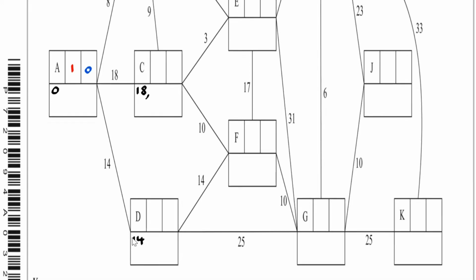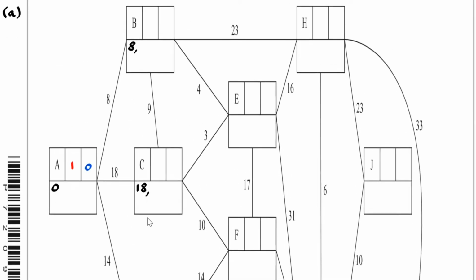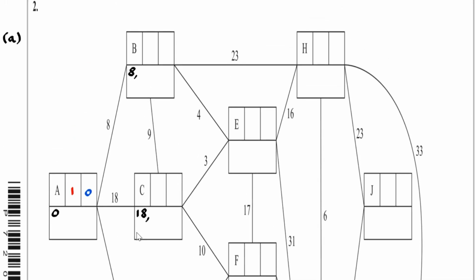The smallest from 8, 18 and 14, that will be the 8. And so the final value will be 8, and the order of labeling will be 2.